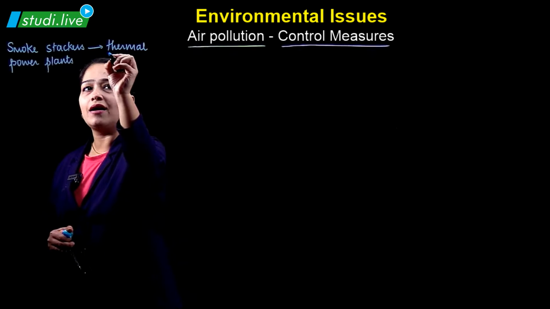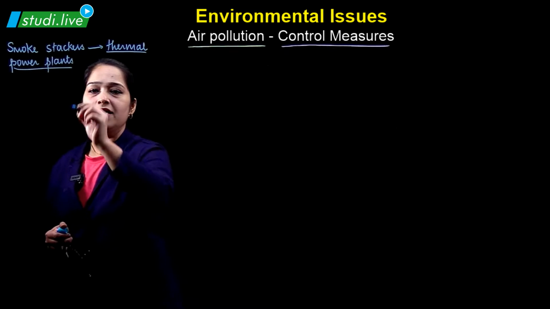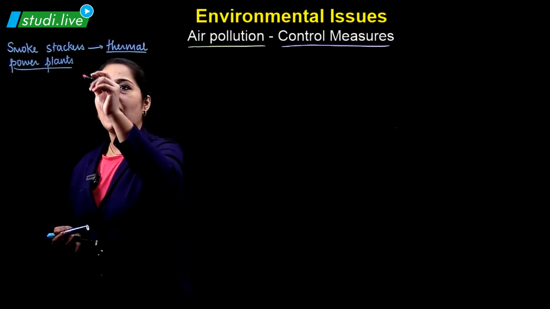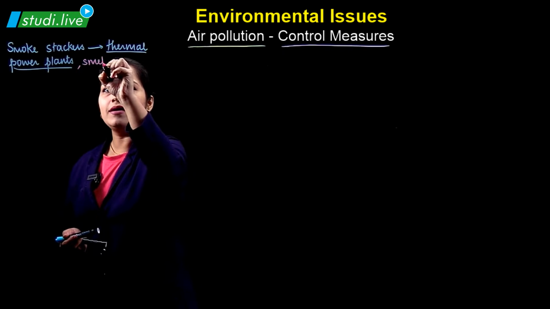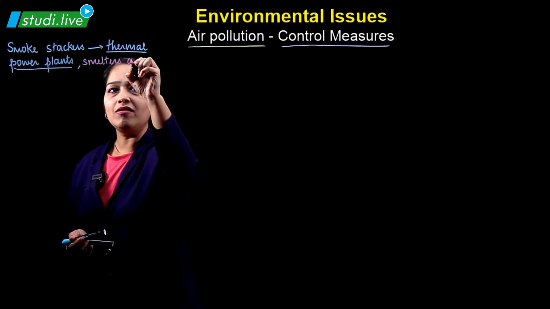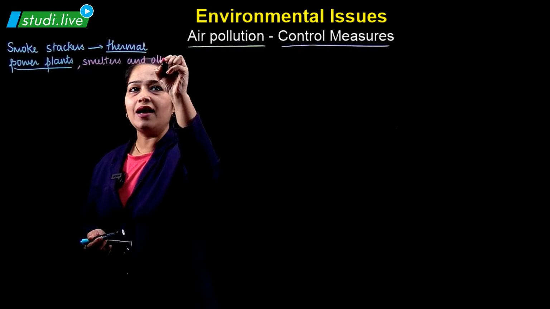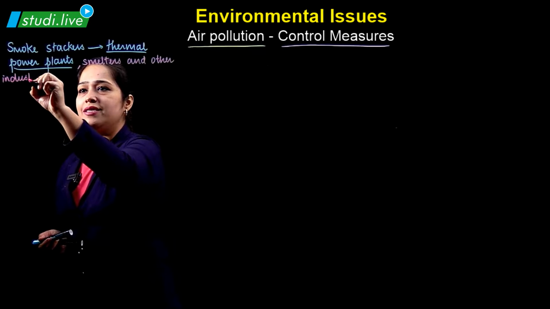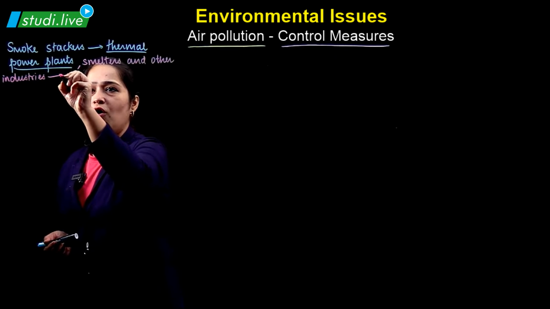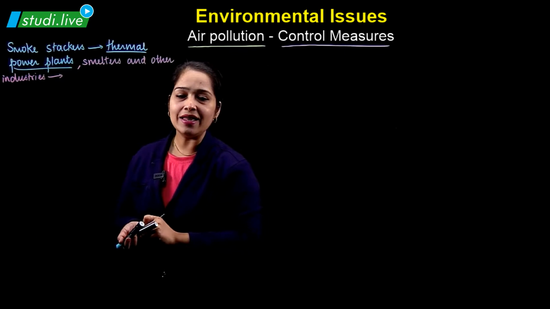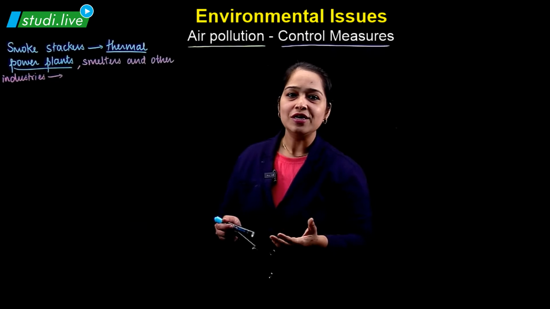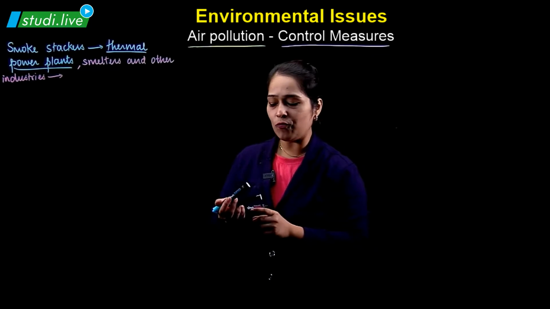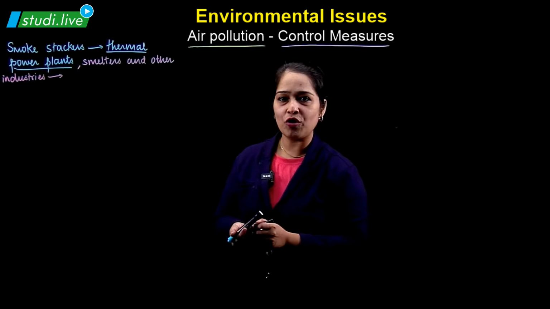Then we have the smelters where the metals are getting refined, and other industries. They are releasing a large amount of particulate and gaseous air pollutants. So these are the main three causes of rise in the pollution of the air.